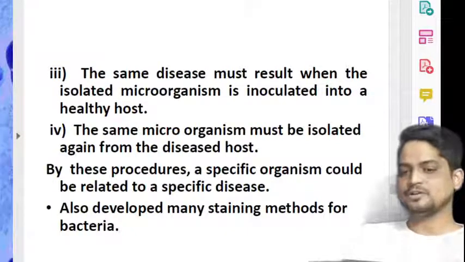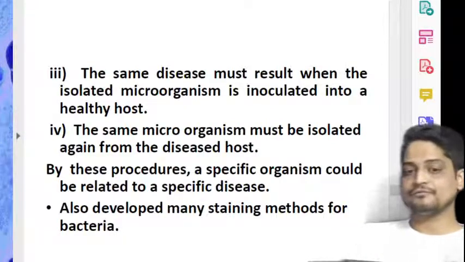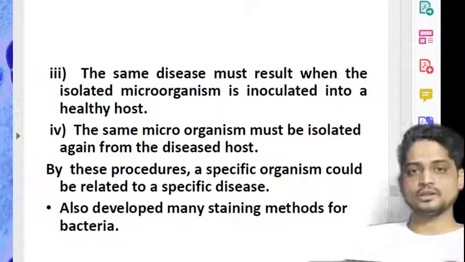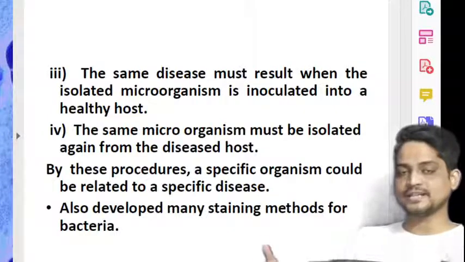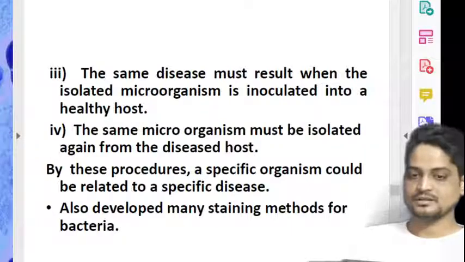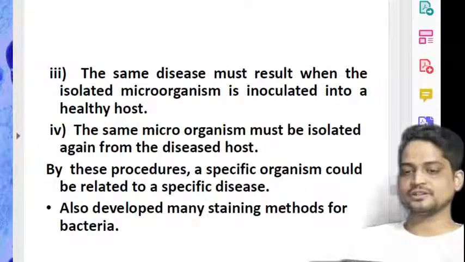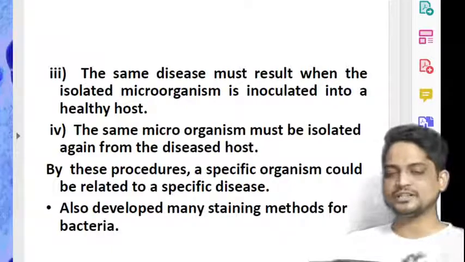That means whenever we observe the diseased host, the microorganism which we identified must be present in all the cases, like the previous postulate told us. By these procedures, a specific organism could be related to a specific disease.